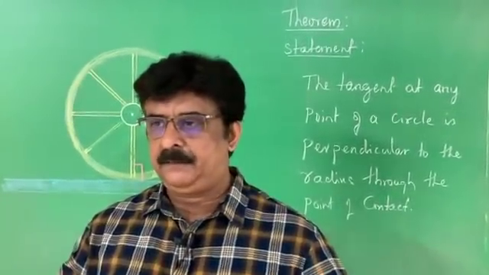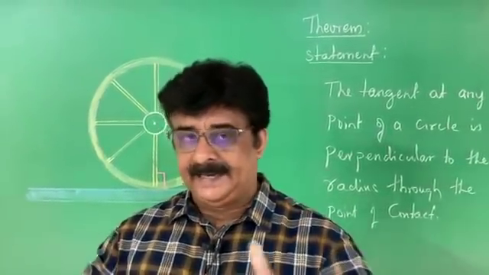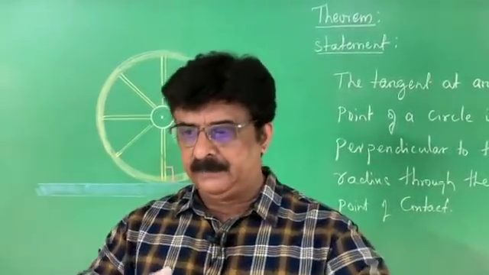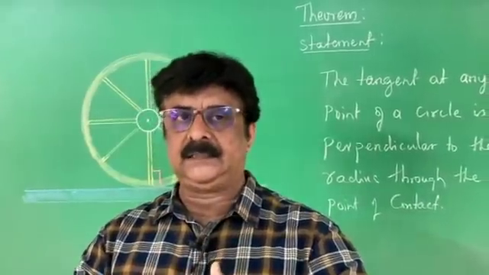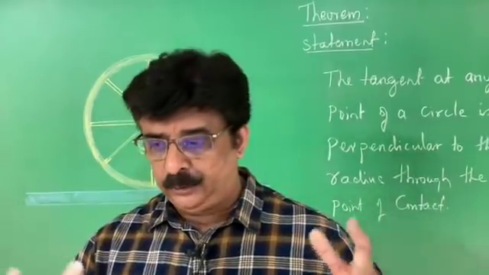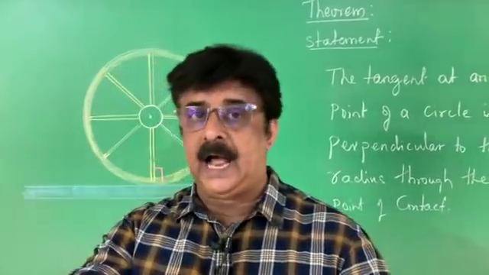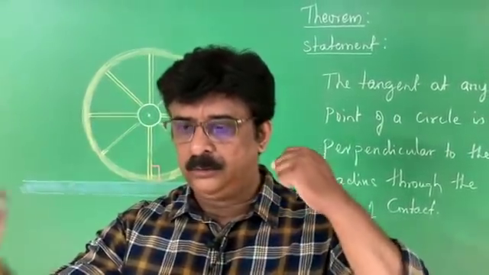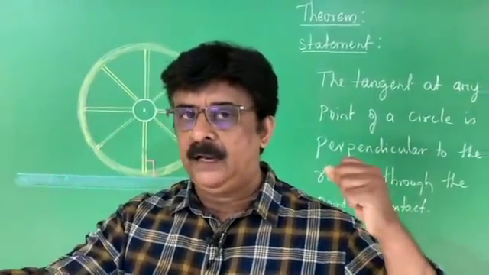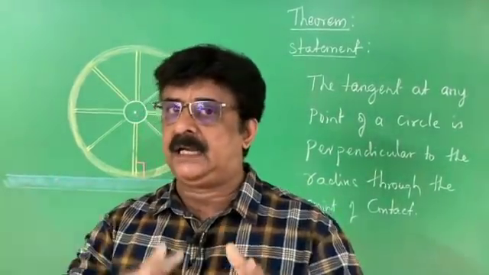Try to understand, children. Tangents are applied in various things like escalators, belt-driven vehicles, chain-driven vehicles, even scooters, bicycles, and conveyor belts. They all use the concept of a tangent to a circle. Even in robotics, how the robotic arm and fingers move and how the robot can walk are based on the tangent and circle relation.